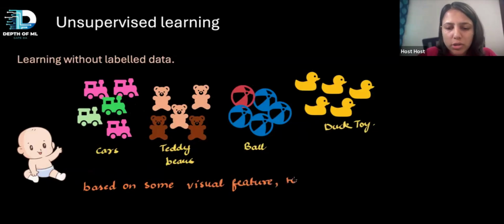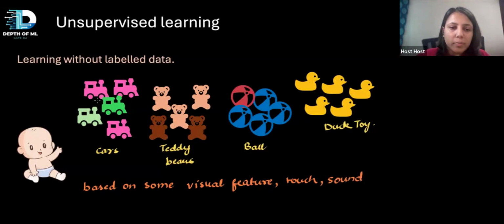Or touch also. For example, teddy bears are very soft, right? And this will be moving. It has wheels, right? This also is like a wheel, but it's the whole big ball. And ducks are yellow in color. If you squeeze them, you will get some sound. So there might be many features involved: visual feature, touch, sound.